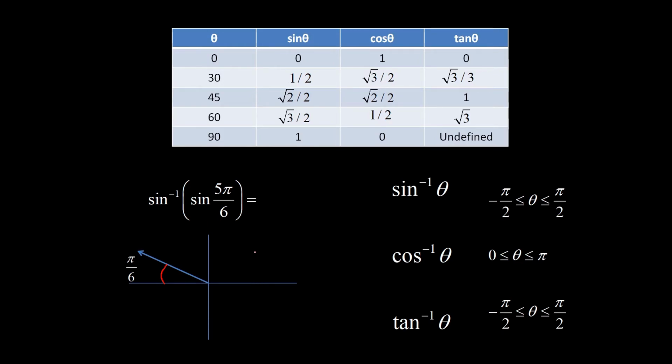Now recall that sine is y over r, and our reference angle has a positive y component, which means sine of 5 pi over 6 is the exact same as sine pi over 6. There's no sign change.